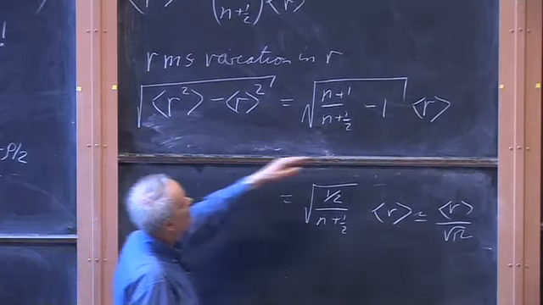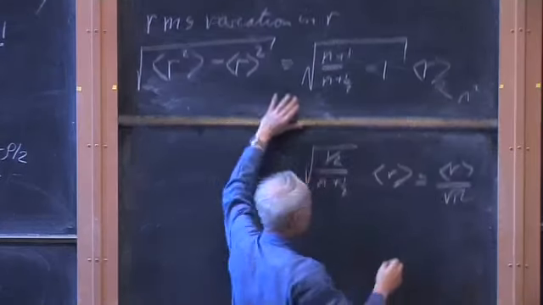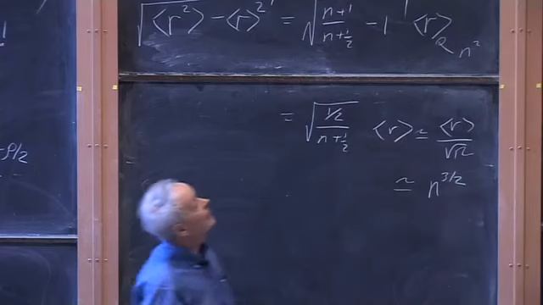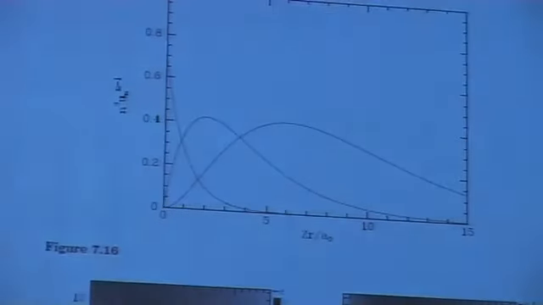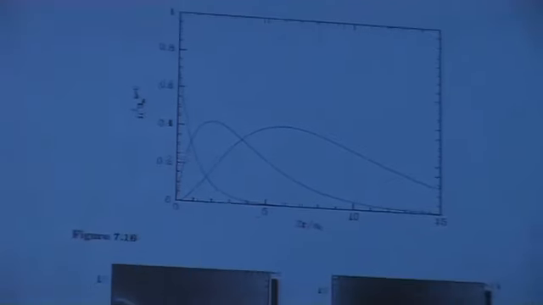Because this thing is growing like n squared, this is looking like n to the 3/2 power. And I think you can just about see that in those pictures up there, that as you, well, I've only shown the first 3, but you can't see the peak becoming narrow. It doesn't become narrow. So that's a remarkable result.